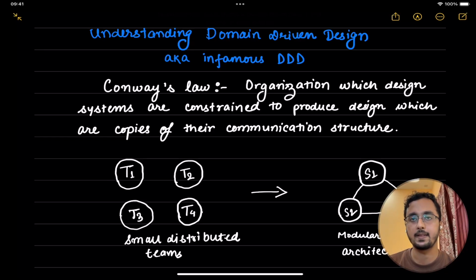Reason being, in a very big, closely knit team, it's very hard to figure out the responsibility. Like what portion of the person, what portion of the team should be responsible for this particular feature. So let's say taking an example of an e-commerce website, it can have a lot of different flows, right?